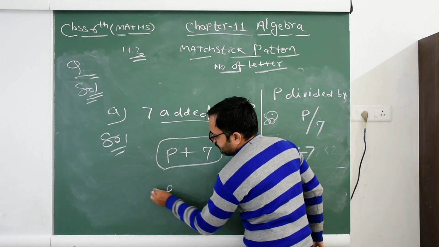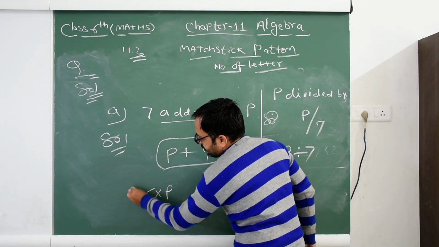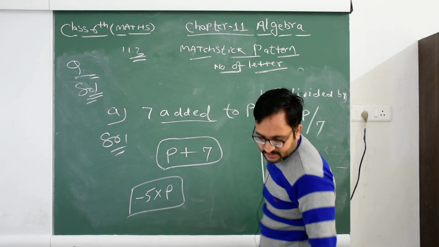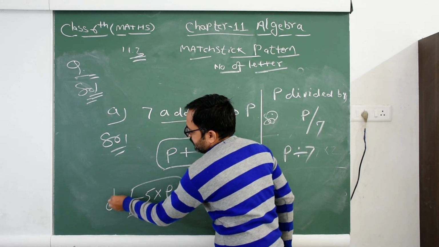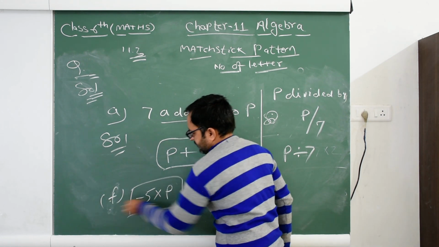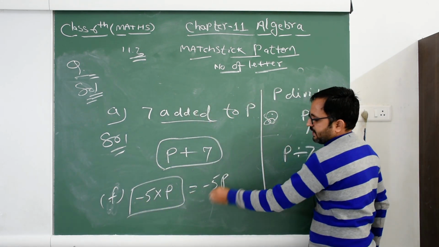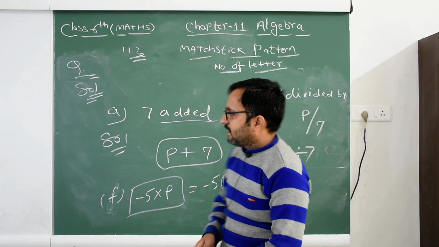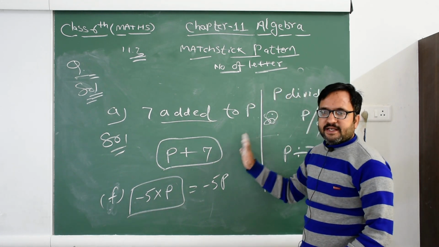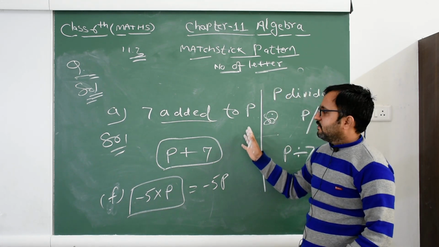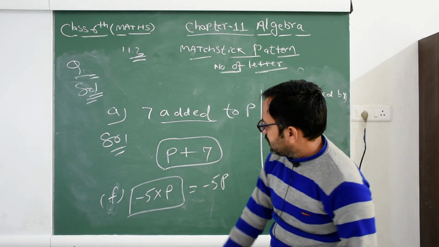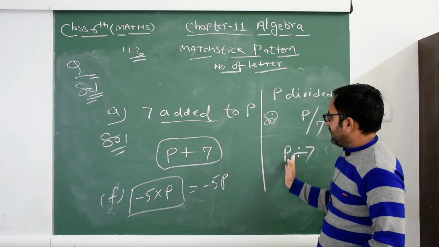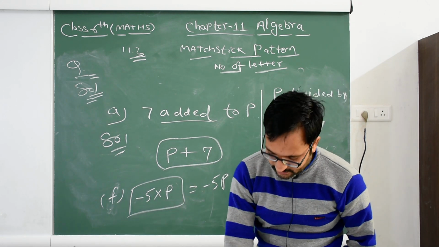This is your part F. So we write minus 5p. This is the rule of making an expression from different statements. And here p is your variable.